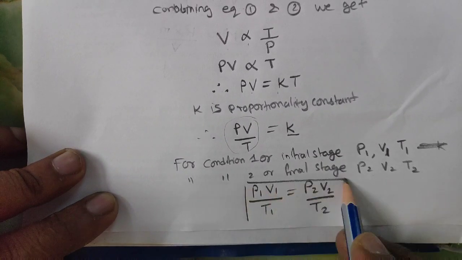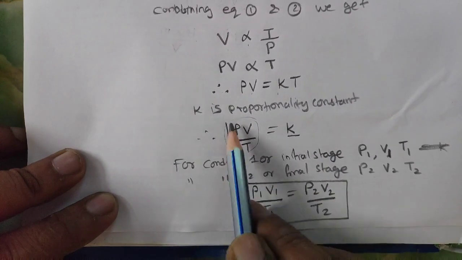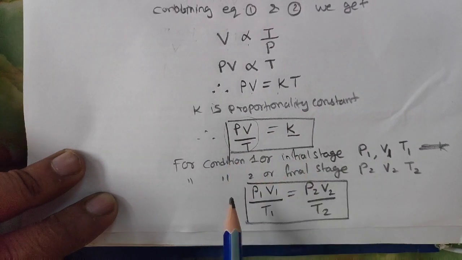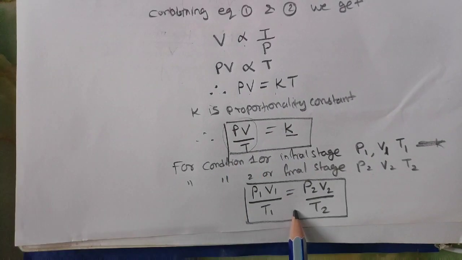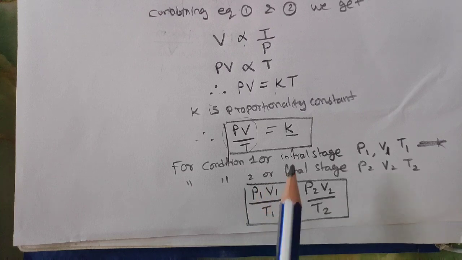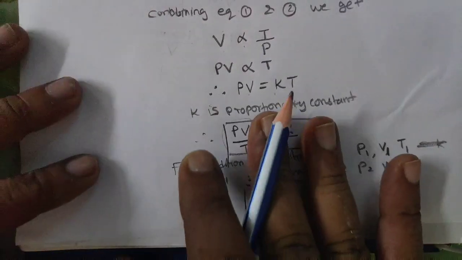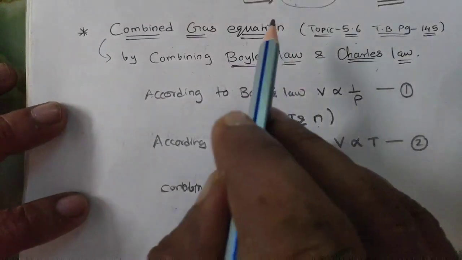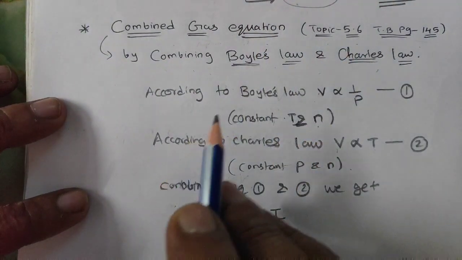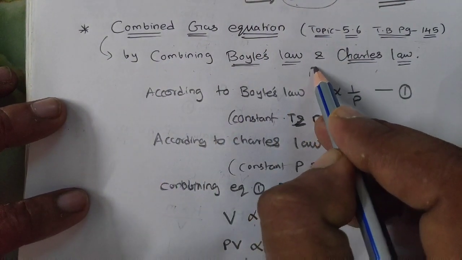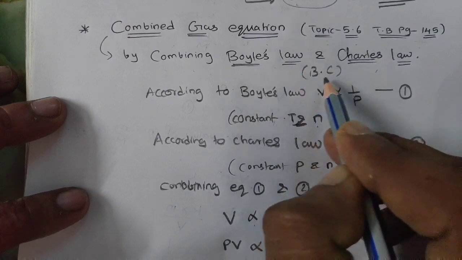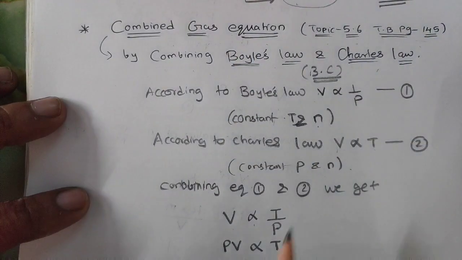Okay, so you have to remember this formula for further calculation of the numericals. Now this is the combined gas equation. Always remember this thing. This is based on which two laws? What you have seen? Boyle's and Charles' law, right? So you can remember before Christ, these two things are required for the combined gas equation.